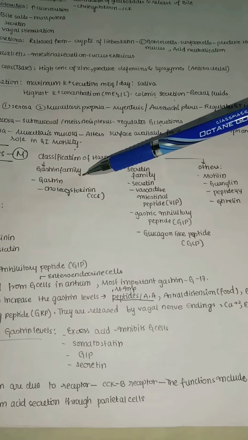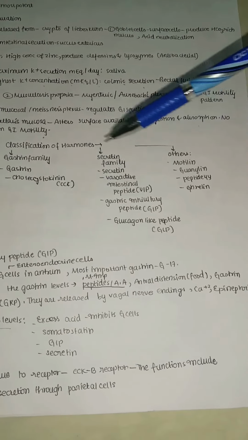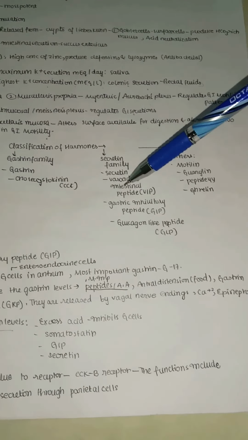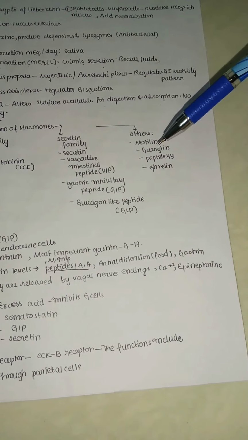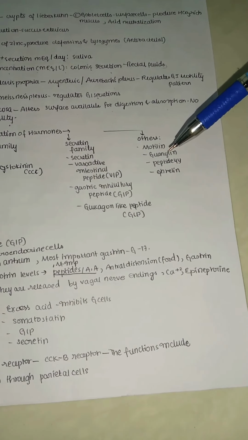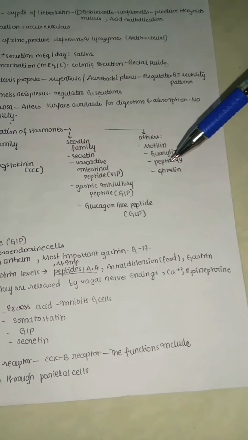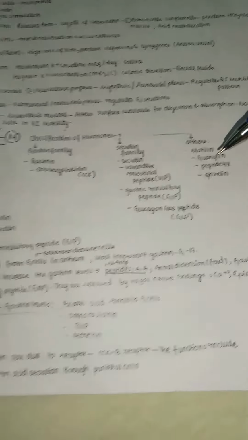Next, coming to other types of hormones, we have motilin, guanylin, peptide YY and ghrelin. So these are all different types of hormones.